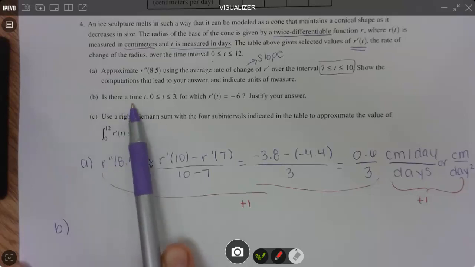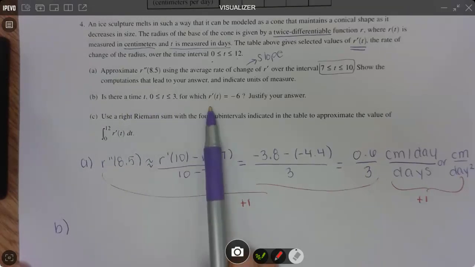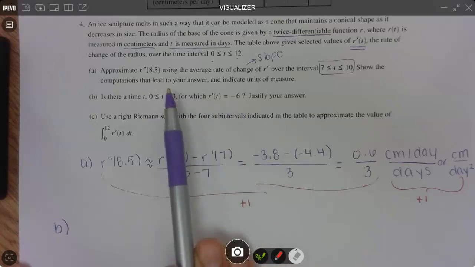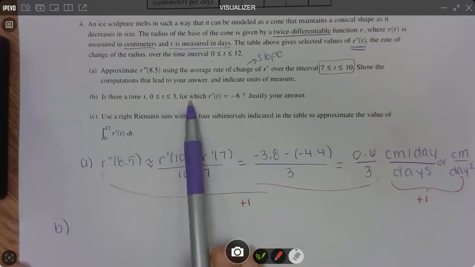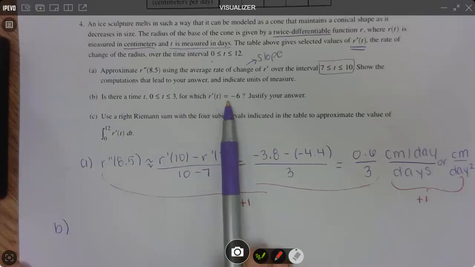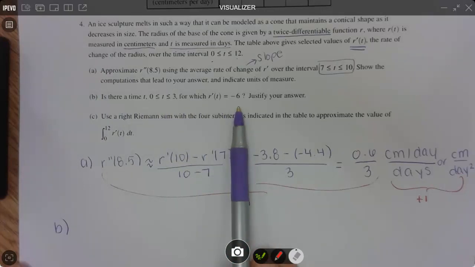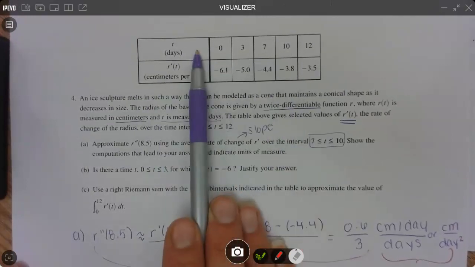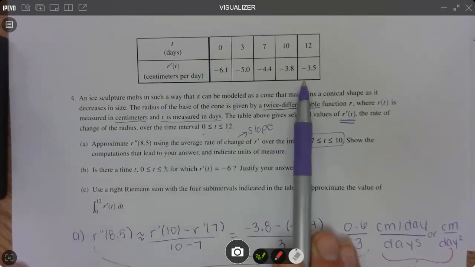If they say, is there a time, you are thinking of a theorem. In this case, we want to know if there is a time R prime equals -6. Well, R prime is my indicated units. This is kind of like the original function.